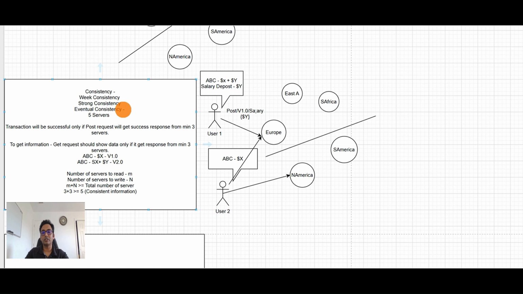So in this case, whenever a network outage happens, the system becomes unavailable. We compromise on availability, but the information is correct, and we succeed any write only when we get success from all the servers. So the post request will come here, and if there is a network outage causing a partition issue, and certain nodes are not responding, we will return failure, the system is not available. So there we compromise the A.